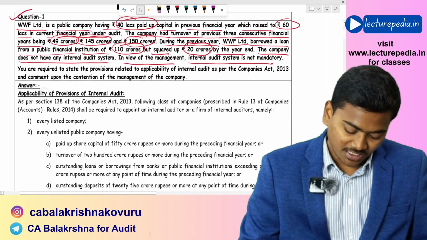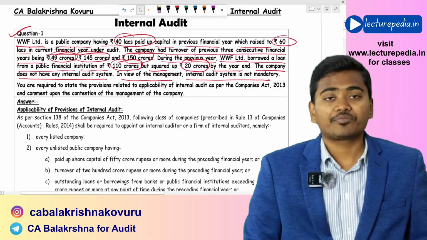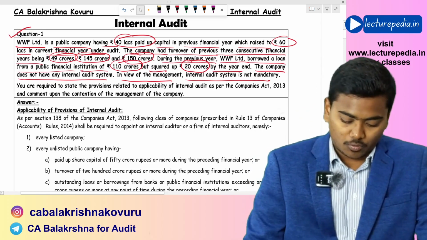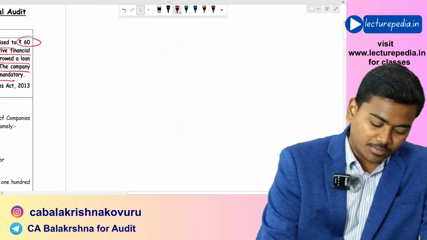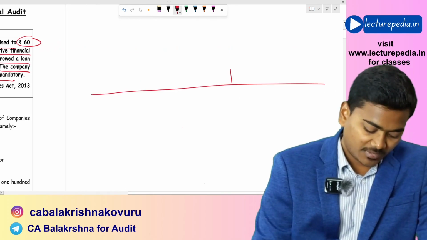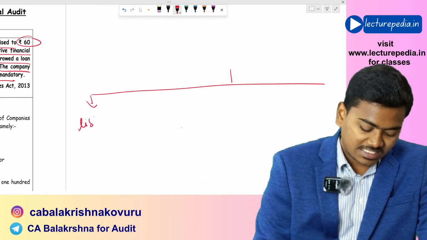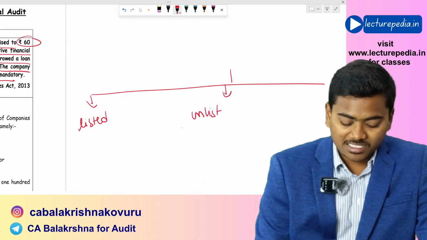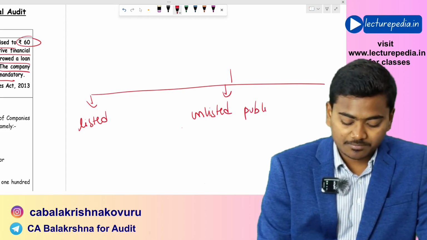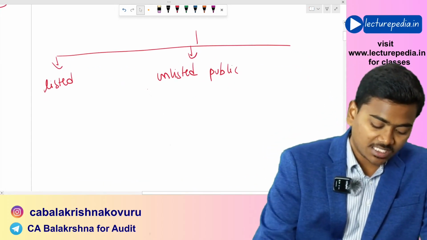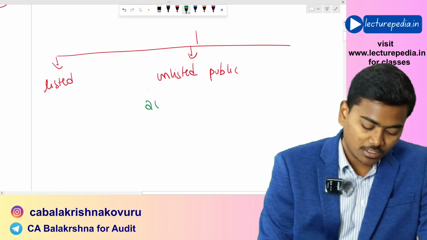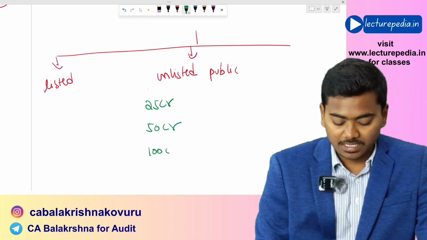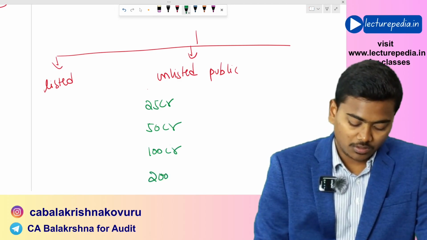Now, the question is related to applicability of the internal audit. To which company's is internal audit applicable? Quickly, I'll give you the diagram. For all listed entities, internal audit is applicable. For all unlisted public entities, you need to check any of these 4 criteria: 25 crore, 50 crore, 100 crore, 200 crore.